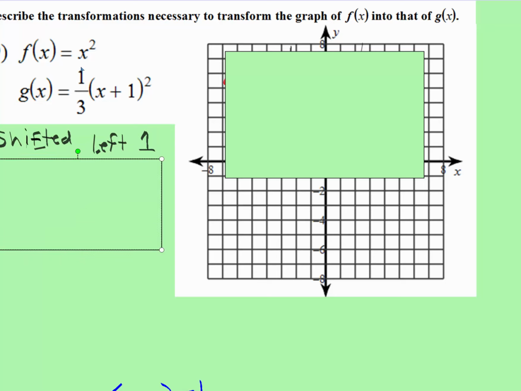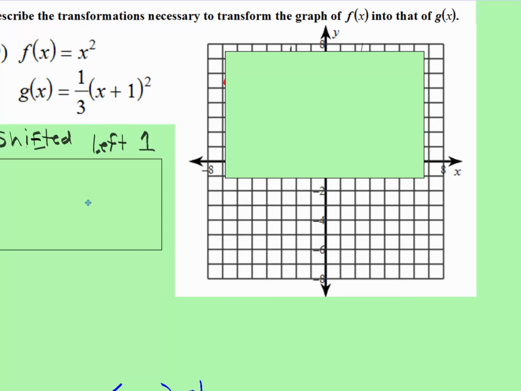And then there's this fraction on the outside. And remember, when it's an integer on the outside, it gets steeper faster. If it's a fraction, and think about that, it's 1/3 as tall. And sometimes we call getting taller a stretch. And when it's shorter, sometimes they say it was shrunk.